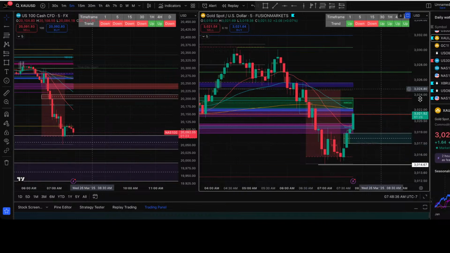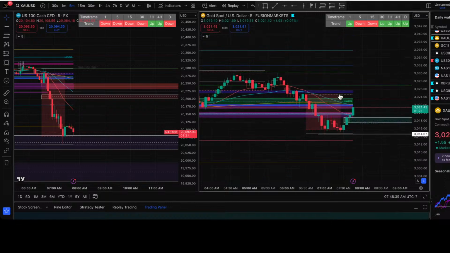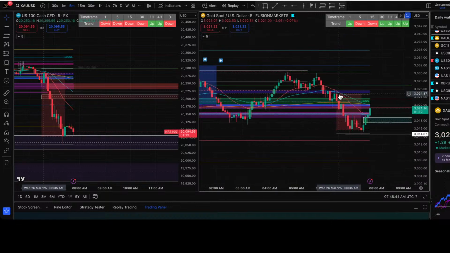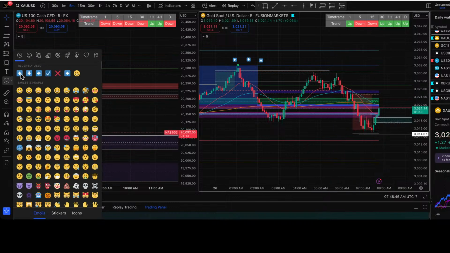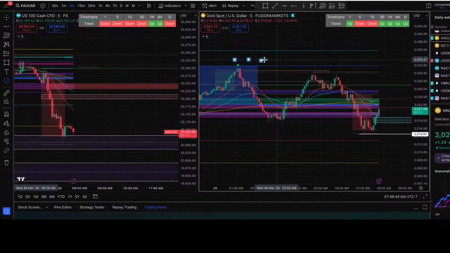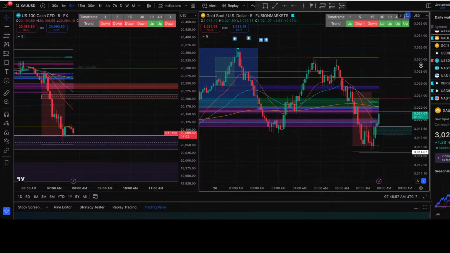So if we go back up to that arrow model, let me say it was bearish. So now that we look at this, that's 50-50, right?